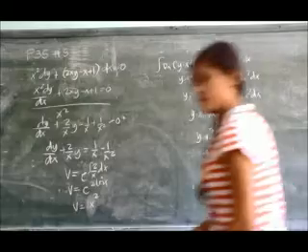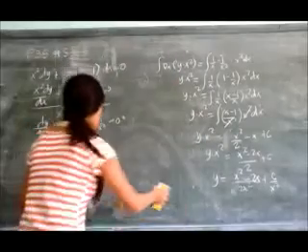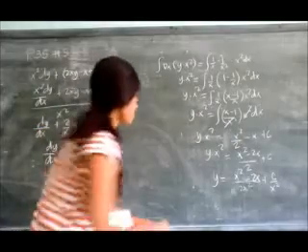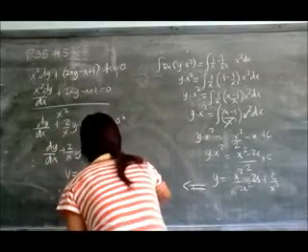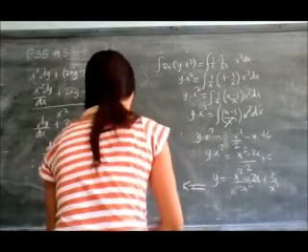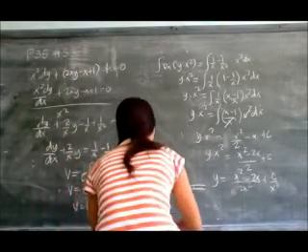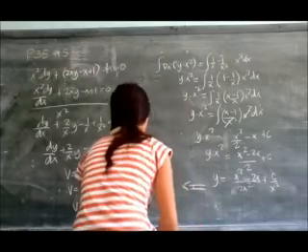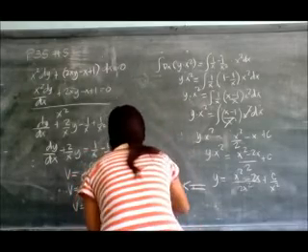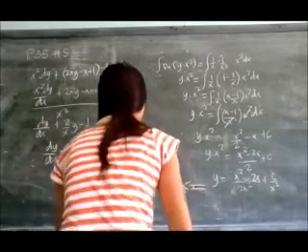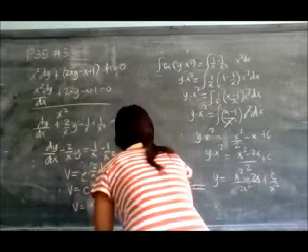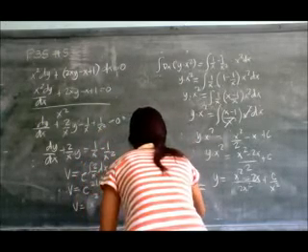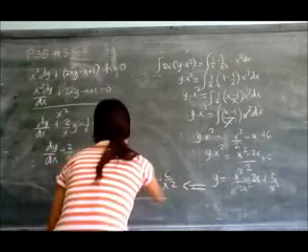Or this is simply equal to y equals 1 over 2 minus 1 over x plus c over x squared. So this is the answer to the equation.